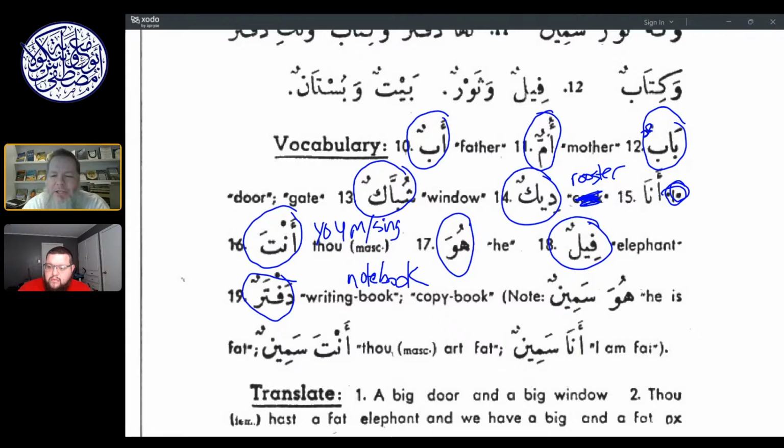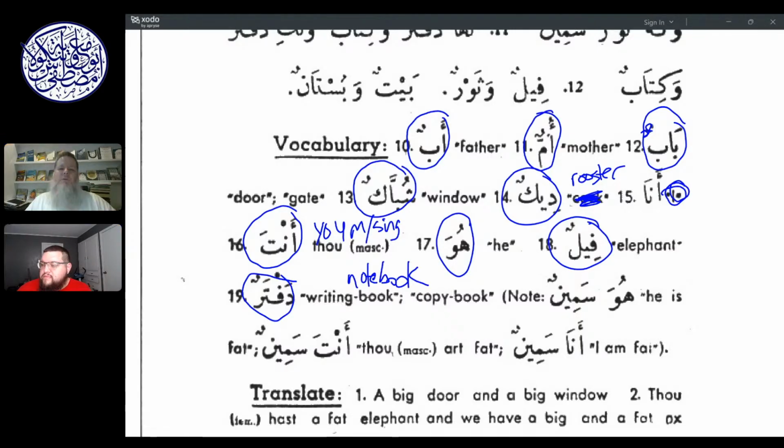Maybe Jordan uses this one. Maybe Syria uses this one. Maybe Egypt uses this one. But they're all based in the original classical Arabic. You got it? Yep. So the more classical Arabic you learn, the more dialects you'll understand.